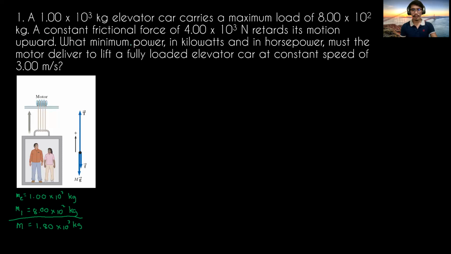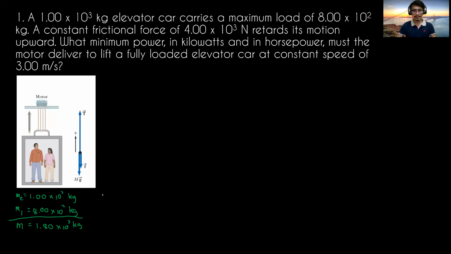A constant frictional force of 4.00 times 10 to the power of 3 Newton retards its motion. So meron pala tayong frictional force acting, which retards the motion upward. So since the motion is upward, that means the frictional force is directed downwards. Kasi remember, frictional force opposes motion. So the frictional force, anong kulay ng frictional force?